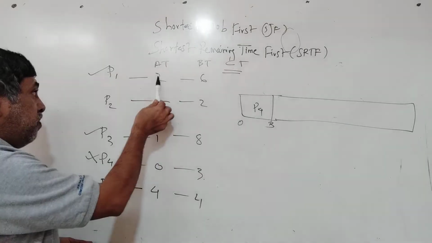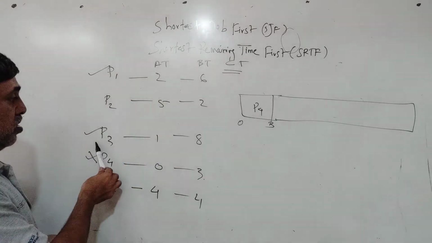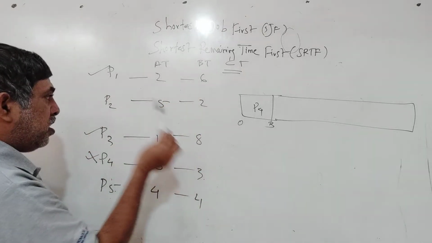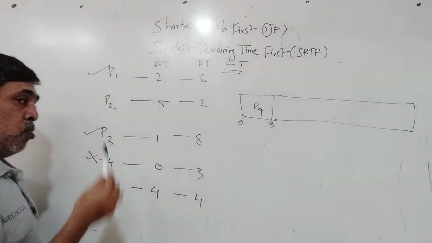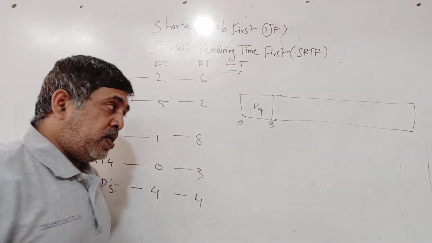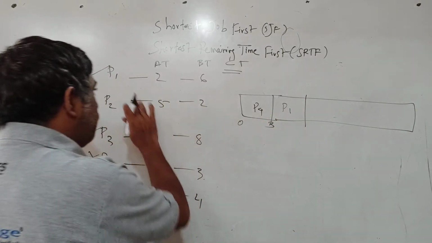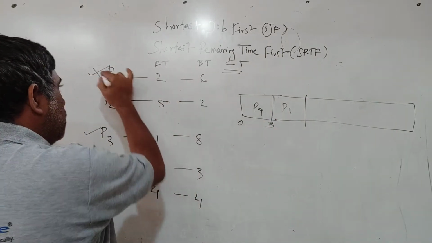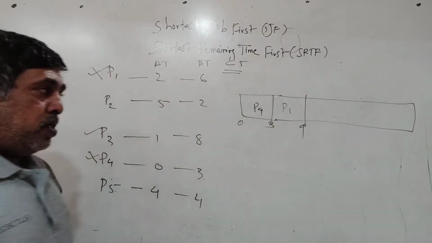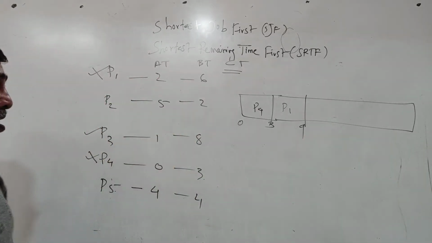The burst of P1 is 6 and the burst of P3 is 8. So P1 has the lower burst, the lesser time requirement for execution. So obviously P1 is taken for execution next. Once P1 goes into the CPU, P1 will completely execute. So 6 plus 3, 9. P1 is also gone out of the memory. During the 9th unit of time, we can see everybody has arrived.